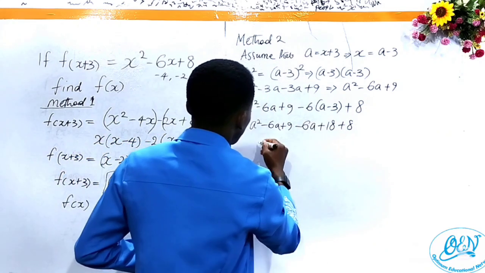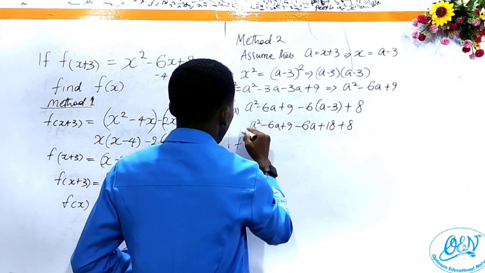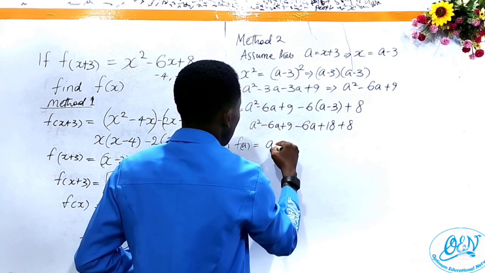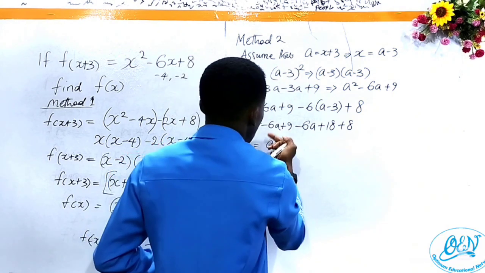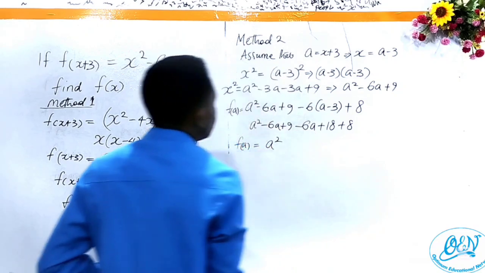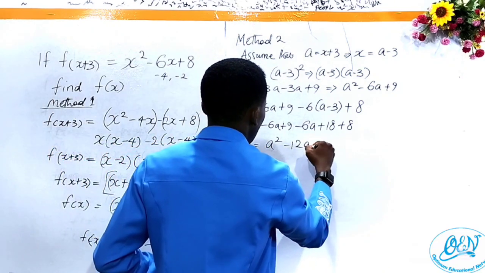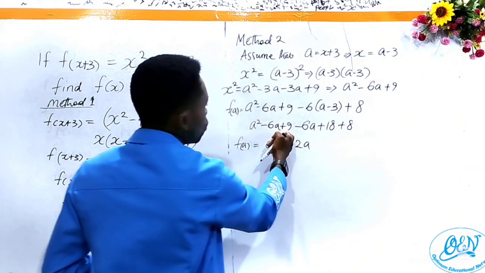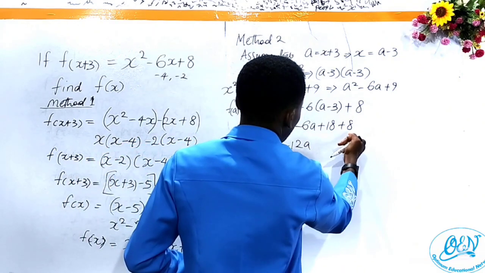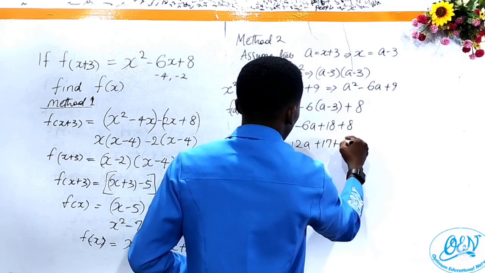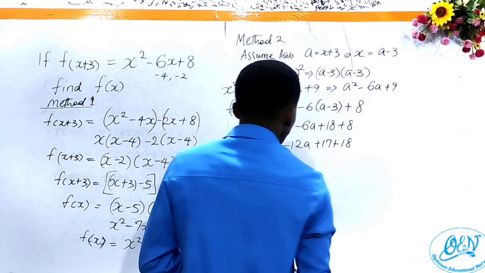Now collecting like terms, I have f of a is equal to a squared minus 6a minus 6a is minus 12a, plus 9 plus 8 is plus 17, then plus 18.